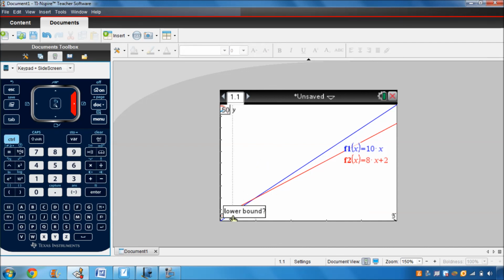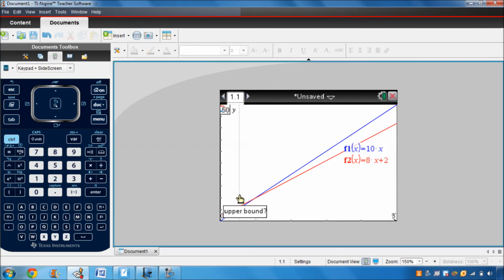Lower bound means that I have to go to the left of it and click, okay? Upper bound means I have to go to the right of it and click. And then you have your intersection point, which is 1, 10, okay? So that's your solution, where they intersect.